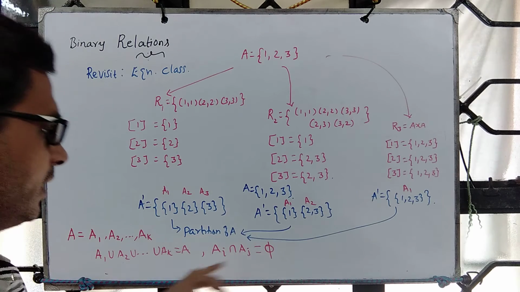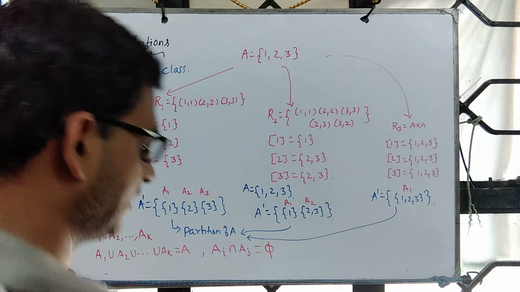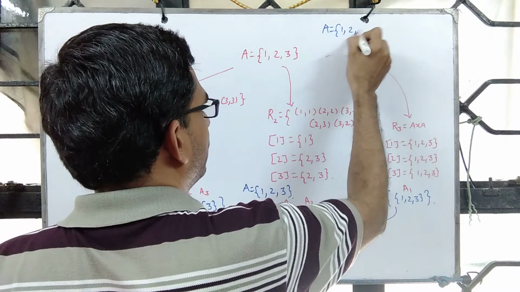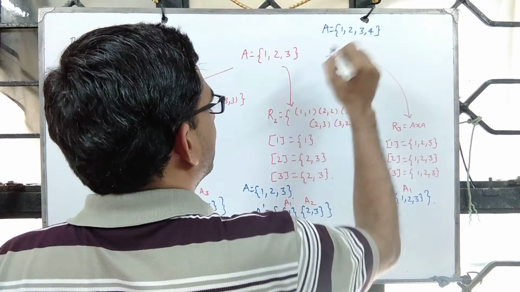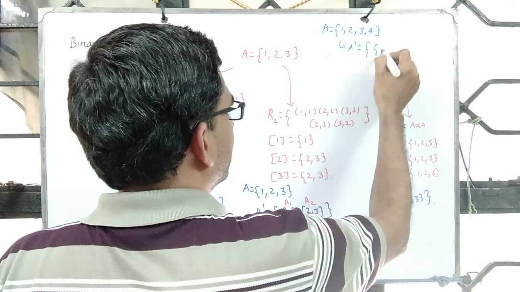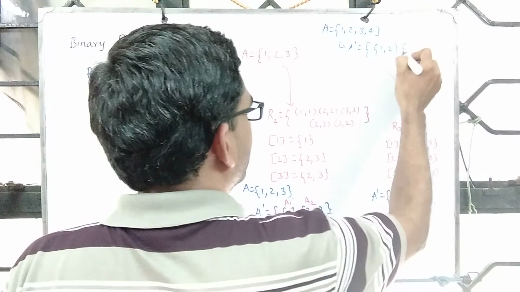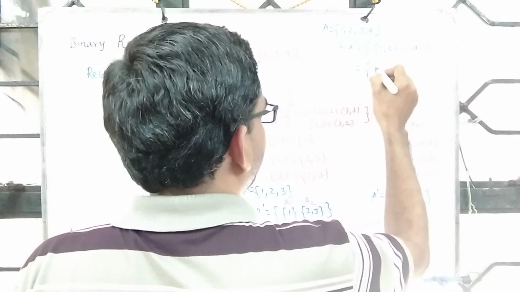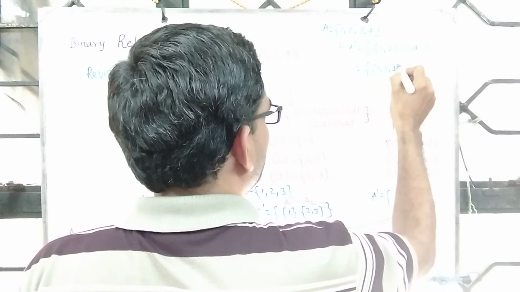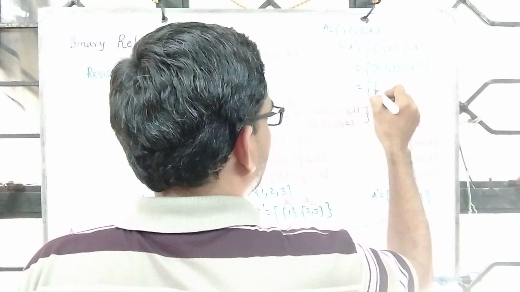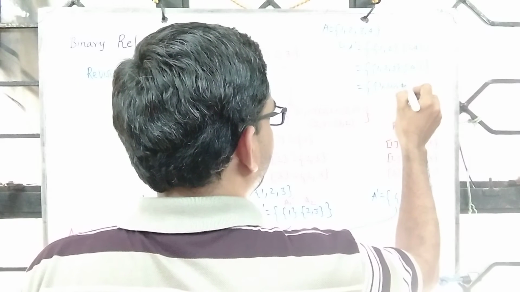That's precisely a partition. For example, if my A is {1, 2, 3, 4}, then a possible A prime is {1, 2} and {3, 4}. Or I can also write {1}, {2}, {3, 4}, or {1}, {2}, {3}, {4}.